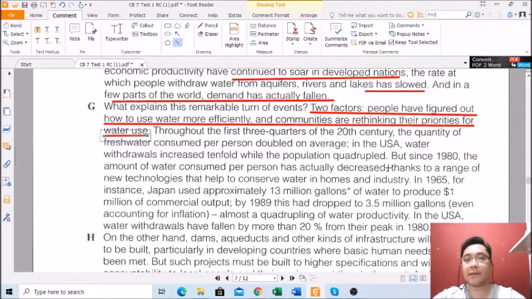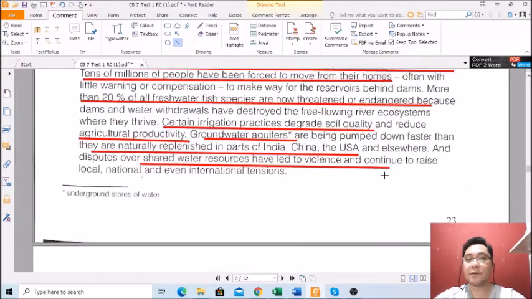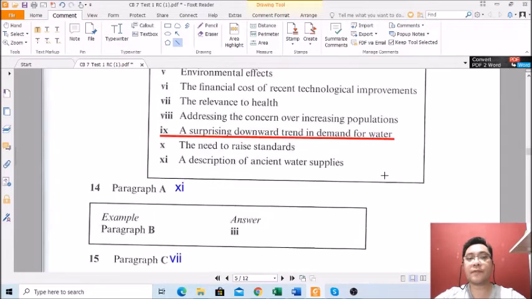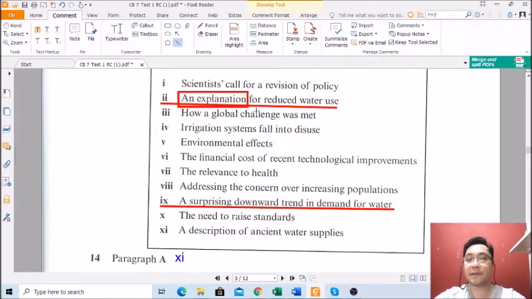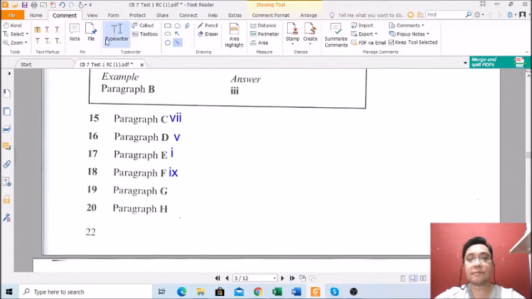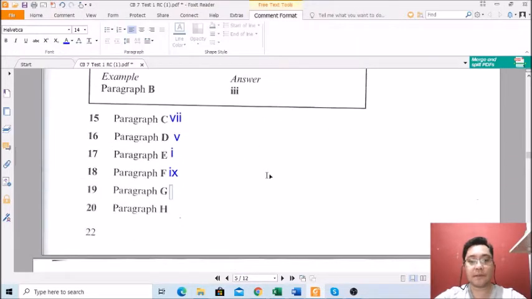So we begin to know that the explanation for this is people at the moment know how to use water more efficiently. So we can fit this with the explanation for reduced water use. So the answer is actually 2. That's for G.